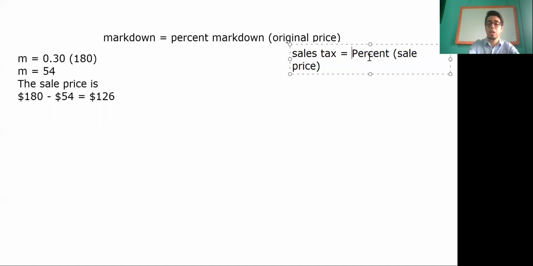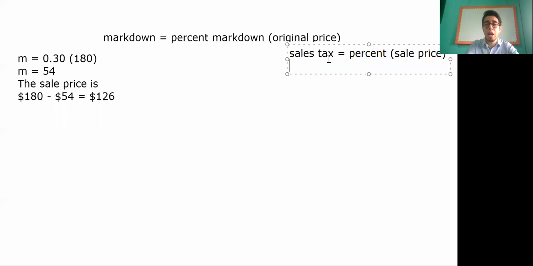What do we change in this exercise, guys? Only the names of the variables we are going to work with. For example, the sales tax and the markdown are the part of the equation, the least number you have. The percent is always the percent, okay? It's the same. Only what the percent is of changes, but it's going to be the same. And the sale price now is the price we already obtained, because we need to find the sales tax.